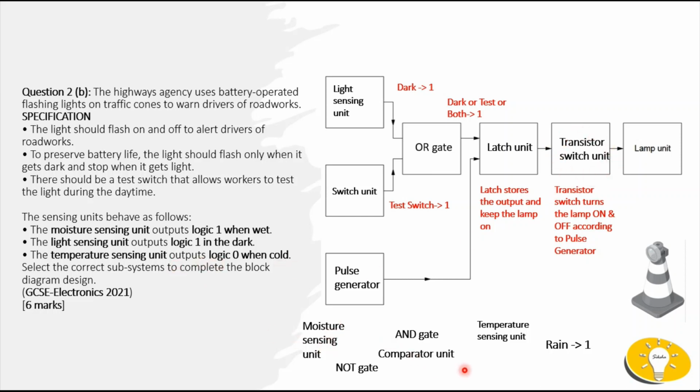We were given the processing units, including a comparator, but we can't use that as there is no reference signal. So the only thing we can use from the given components is the transistor switch unit. The transistor acts like an electronic switch, and it will operate the lamp unit.